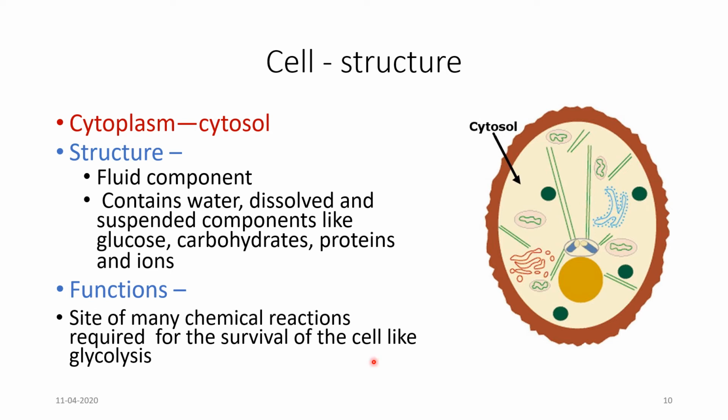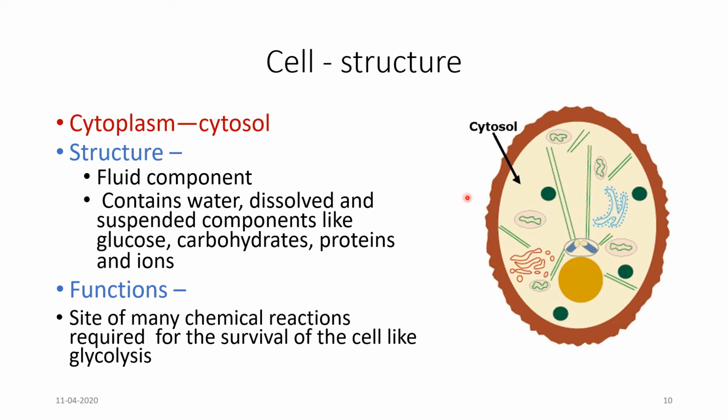The other component in the cell is the cytoplasm. We have discussed the cell membrane and the nucleus. And the third component is the cytoplasm, which consists of two components. What are they? They are the cytosol and intracellular organelles.